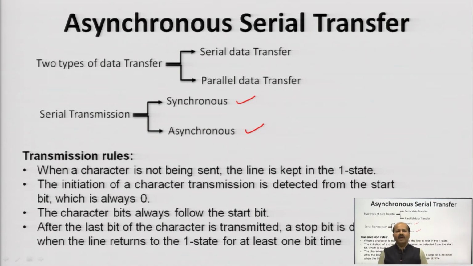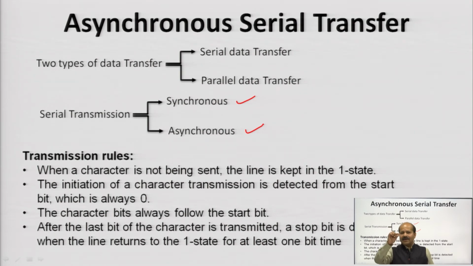The first is, when a character is not being sent, the line is kept in the one state, which means the line will be in the higher state. The initiation of a character transmission is detected from the start bit, that is, we have to append a bit called the start bit, that we will see later, and it is always a 0 bit. So, the start bit is a 0 bit.